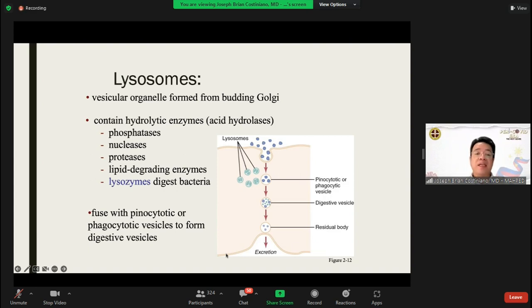Pinocytosis, cell drinking; phagocytosis, cell eating. Especially for those substances that are too big to be transported across the cell membrane, these substances will then be digested by your lysosomes. And that will in turn produce your digestive vesicle, and then the process of extruding it is through your residual body, no? So ipapalabas ng cell.